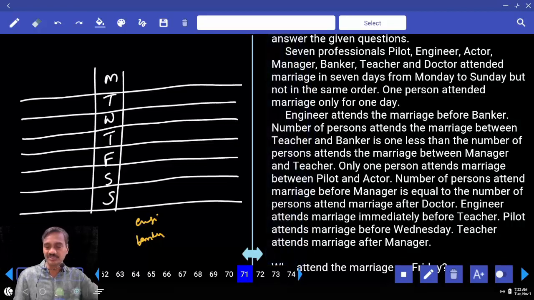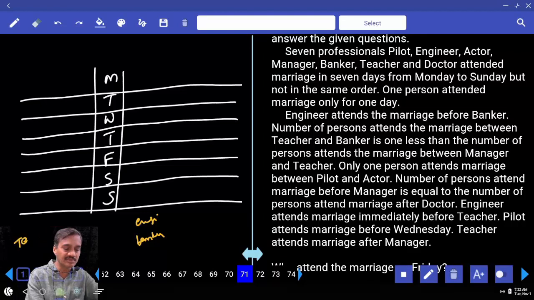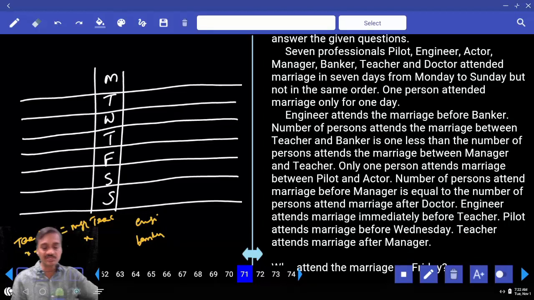And the number of persons between teacher and banker is 1 lesser than the number of persons between manager and teacher. If it is x here, then here it is x minus 1, right?